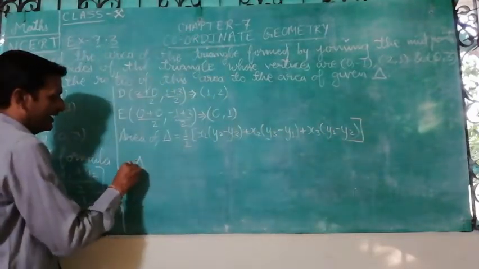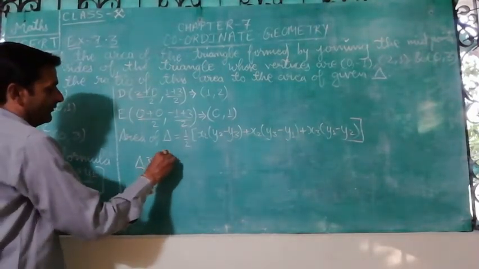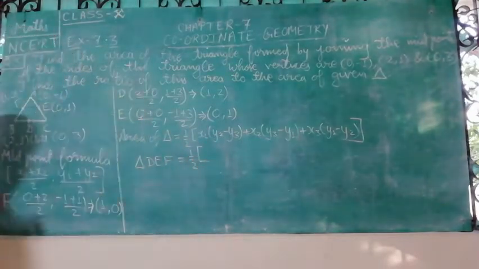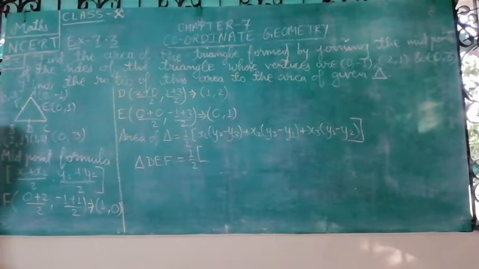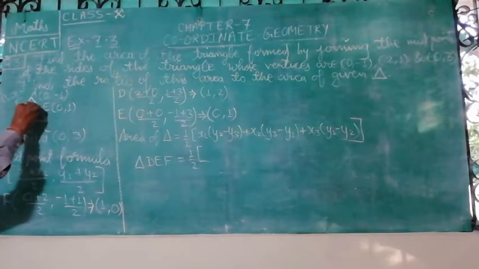So the area of triangle DEF, half. DEF means this and this. This is the triangle which is formed by these midpoints.